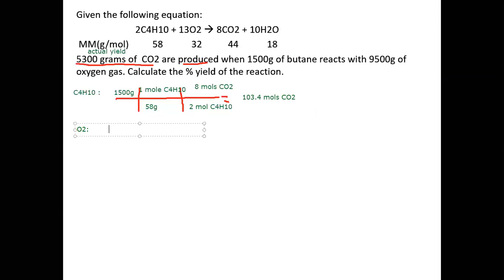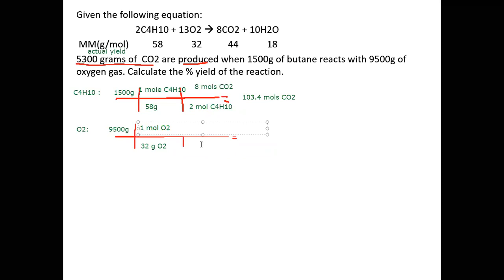So we're starting with 9,500 grams. First step, we're going to convert to moles. Here the mole ratio is 13 to 8, so 13 moles of O2 gives us 8 moles of CO2.